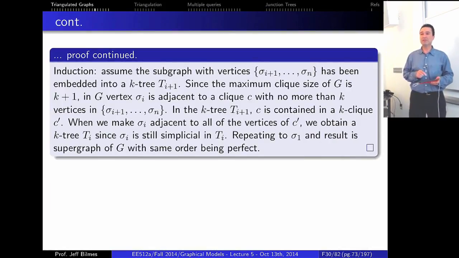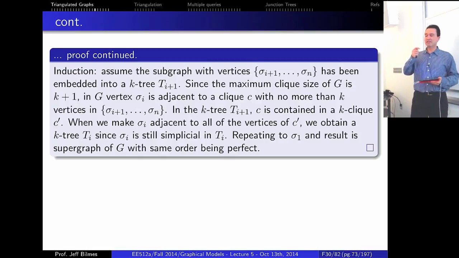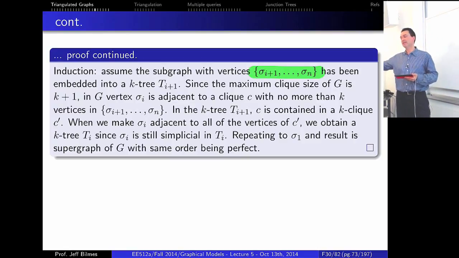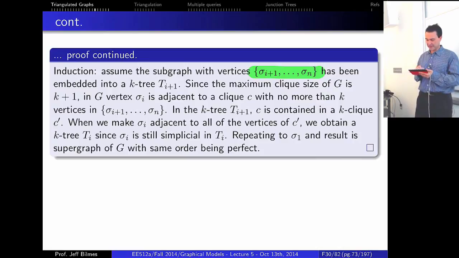Then the next thing we do, the induction hypothesis, is that we're assuming that we've embedded the remaining set of vertices to be eliminated into a K-tree, and now we've got vertex sigma I to embed.